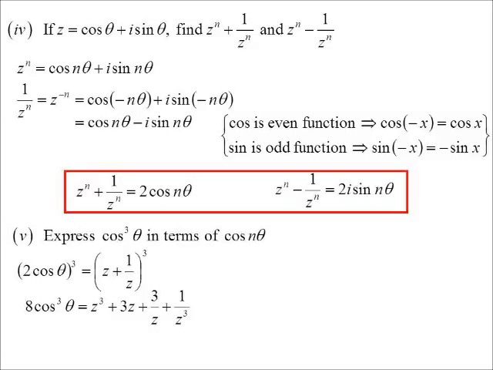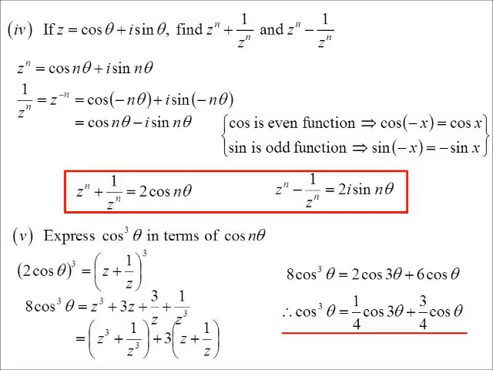And this is where the symmetry of those expansions works out very nicely for us. Because if I group all the things that have a coefficient of 1 and all the things that have a coefficient of 3, so I have z³ plus 1/z³, back to my theorem, well, that's 2 cos 3θ. And I have z plus 1/z, well, that's 2 cos θ.